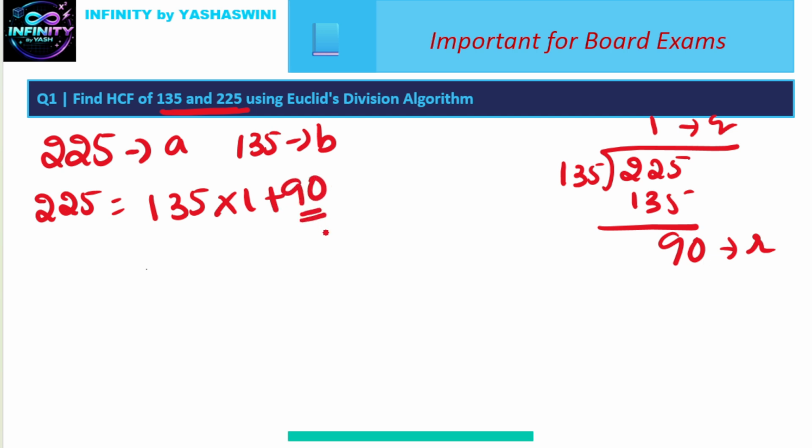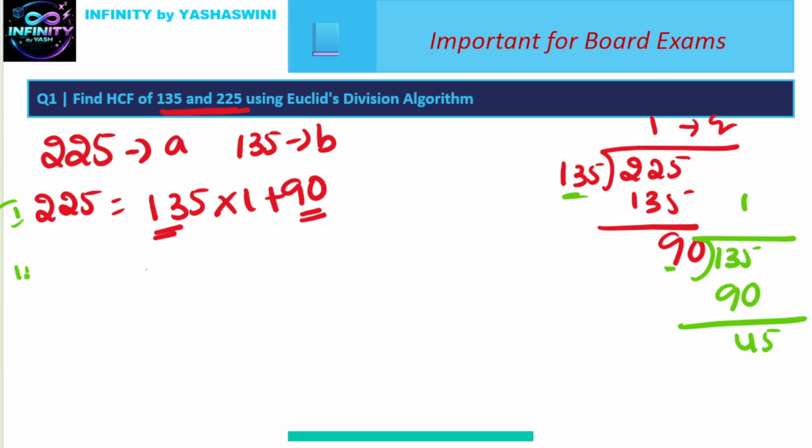Now the remainder becomes the divisor and the divisor becomes the dividend. Now divide 135 by the remainder. So 90 one time is 90 and the remainder is 45. So in the second step, we can write 135 is equal to 90 into 1 plus 45. Now divide the divisor 90 by 45.